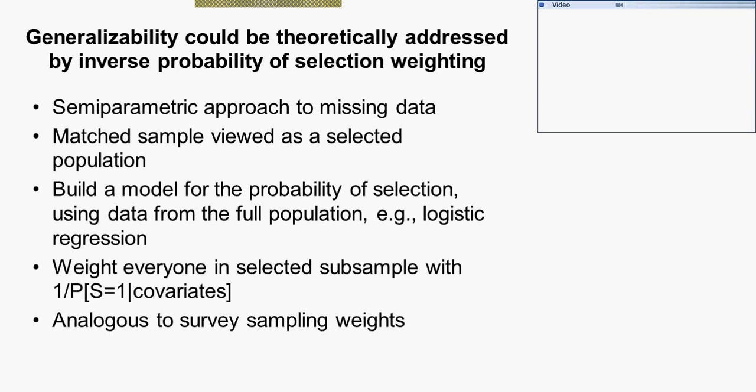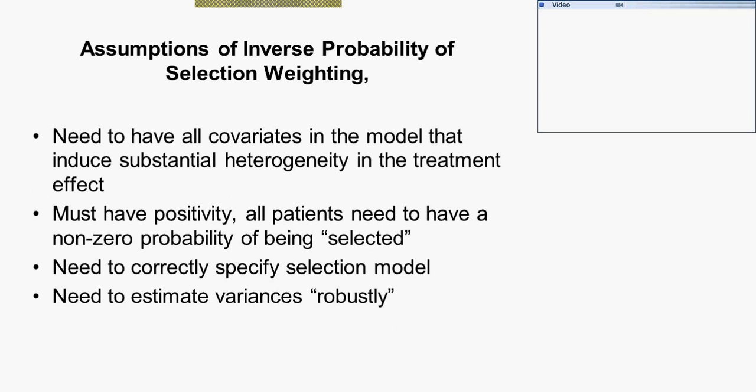And then we weight everyone in the subcohort by 1 over this probability. The patients who are likely to be in the subcohort are overrepresented, and they get weighted down relative to patients who are unlikely to be in it. Those patients get weighted up. So we reweight these patients to try to make them look like the overall population. It's a very intuitive kind of approach. And again, it's perfectly analogous to survey sampling.